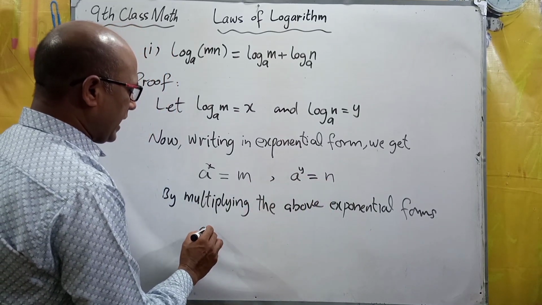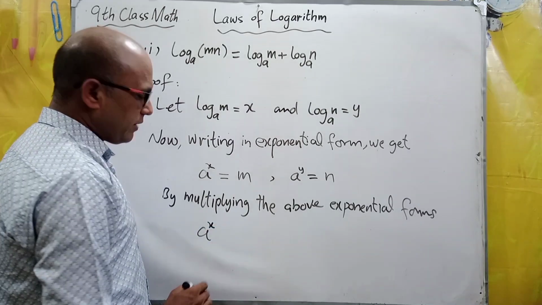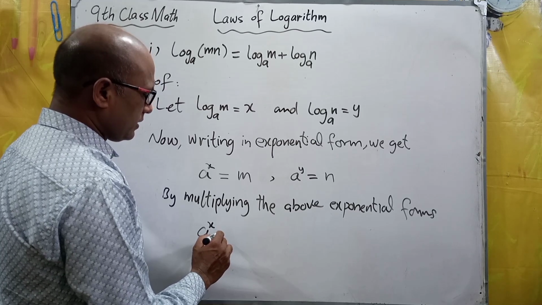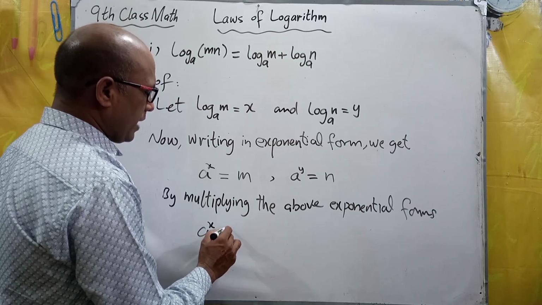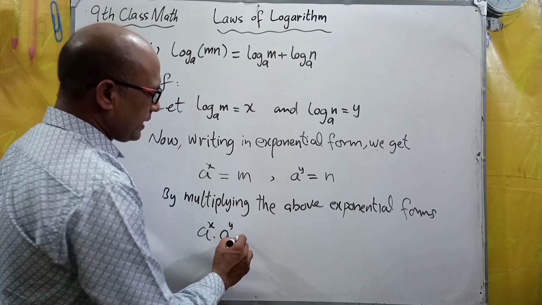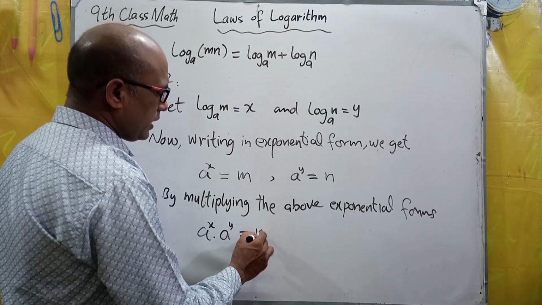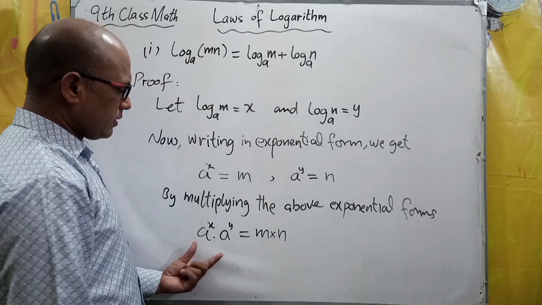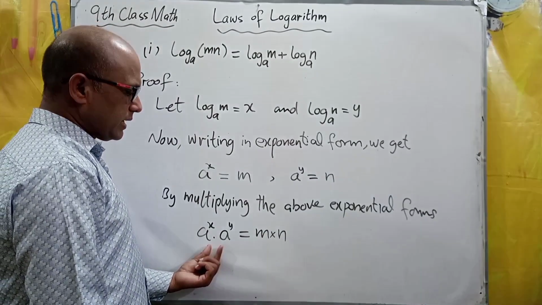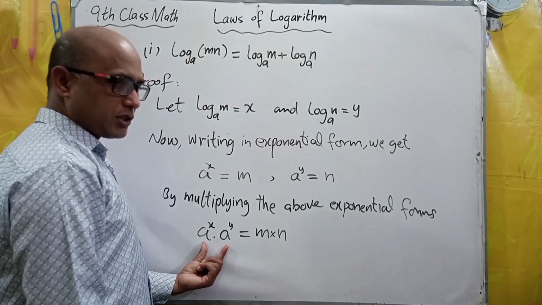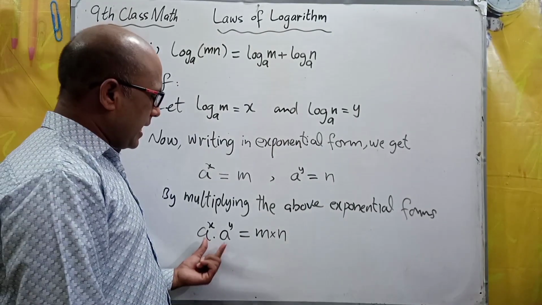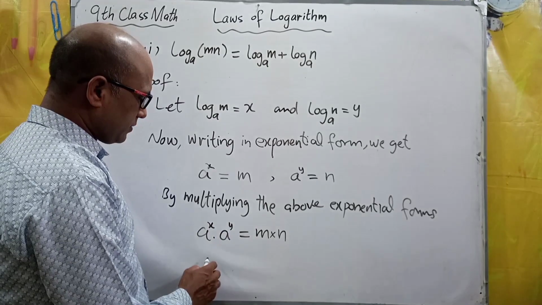So we'll get a power x multiplied by a power y is equal to m multiplied by n. We know that students, when bases are same, then exponents are added.